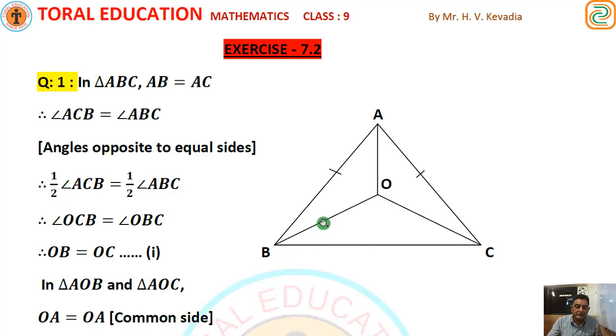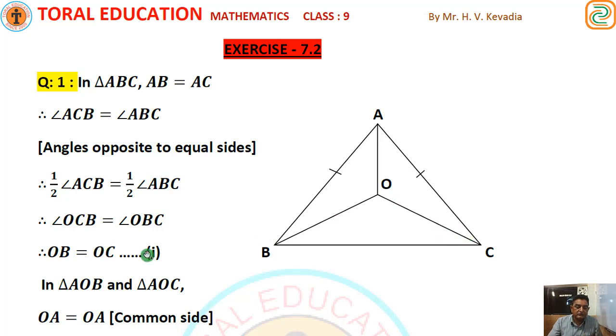In triangle BOC, these two angles are equal. As per theorem 7.3, the opposite sides are equal. That means OB equals OC.